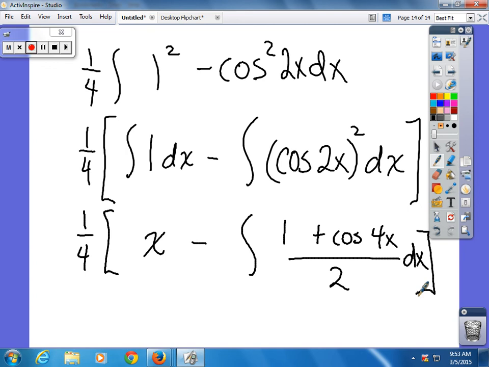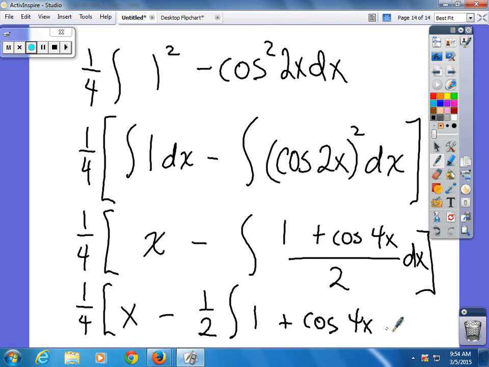So that would be 1/4 antiderivative of x, or bracket x, minus 1/2 antiderivative of 1 plus cosine of 4x dx. And now you can break this up and get that cosine of 4x, which would be the antiderivative.